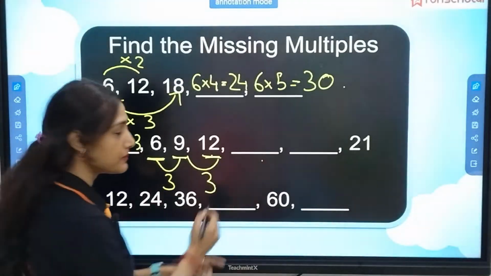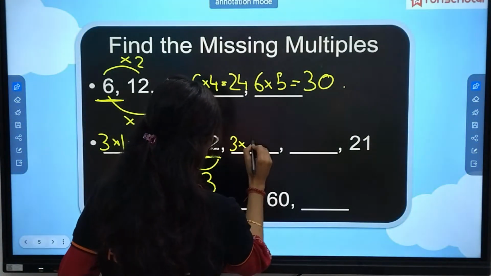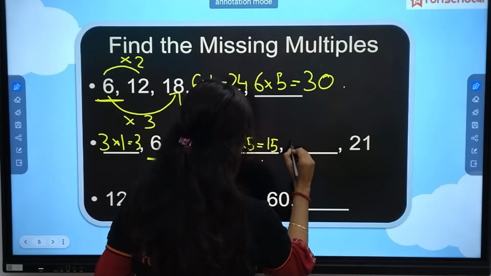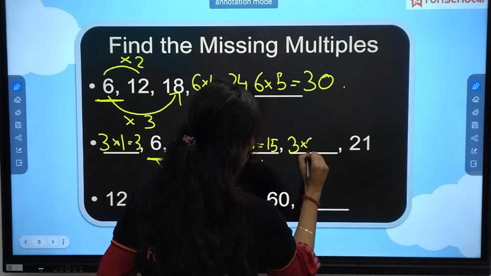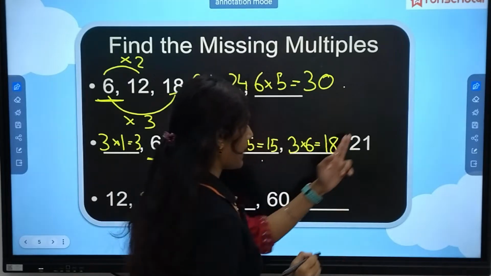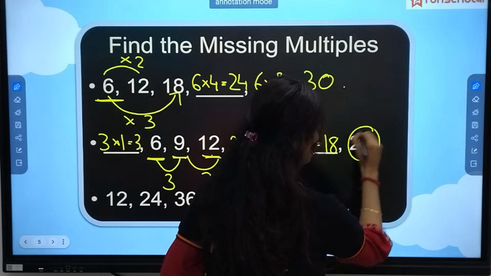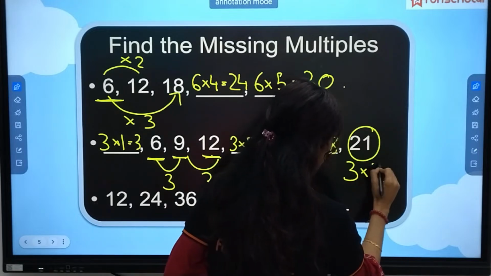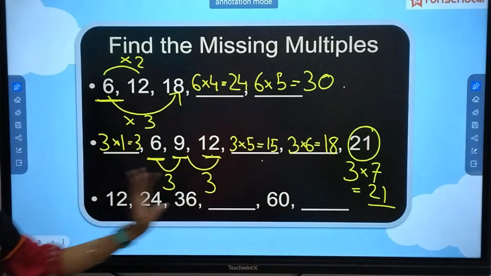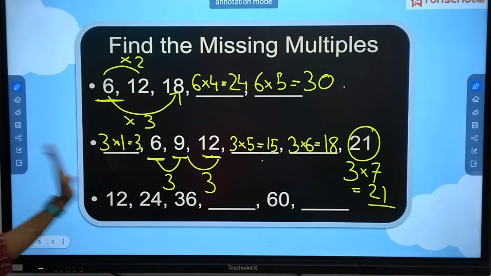The next number will be 3 into 5 equal to 15. Then the next number will be 3 into 6 is equal to 18. And this one will be 21, that is 3 into 7 equal to 21. Easy? I hope the concept is clear.